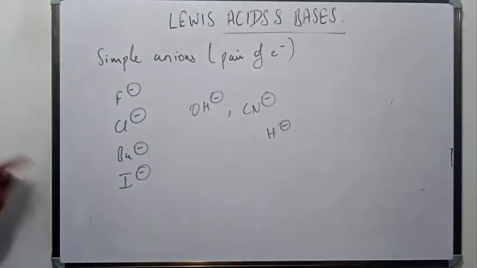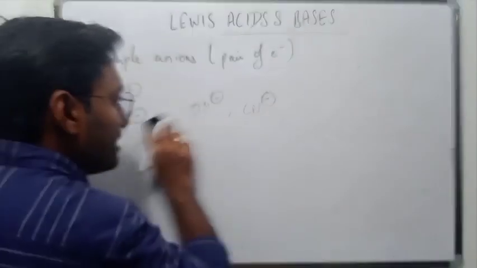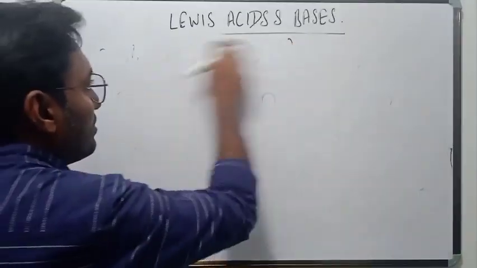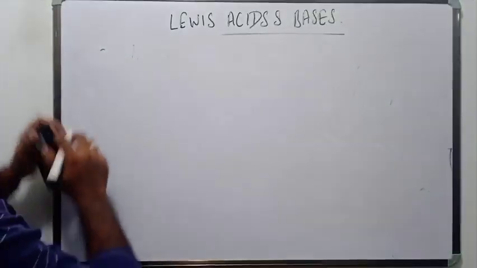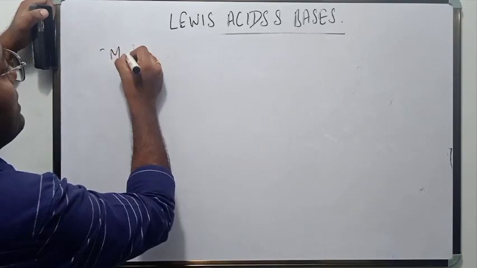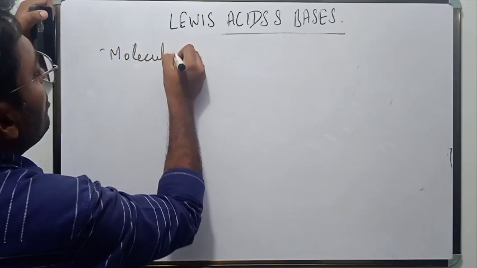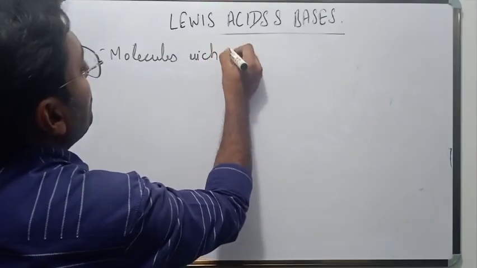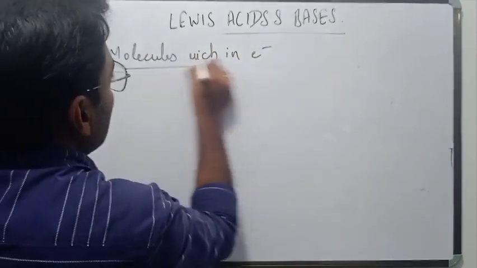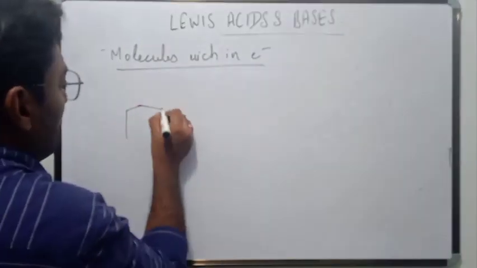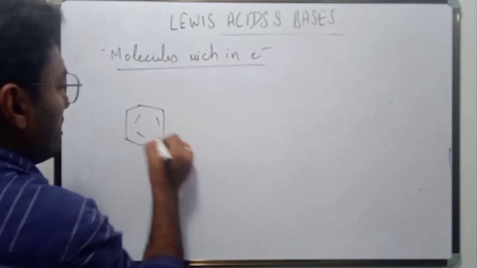Okay, let's come to another example. Molecules that are rich in electrons. Can you name some? See the compound benzene, it's rich in electrons.